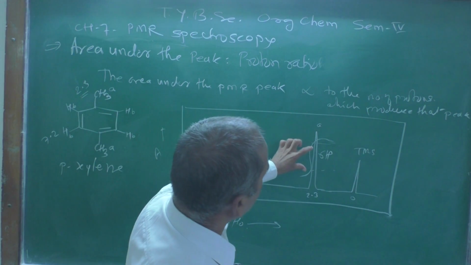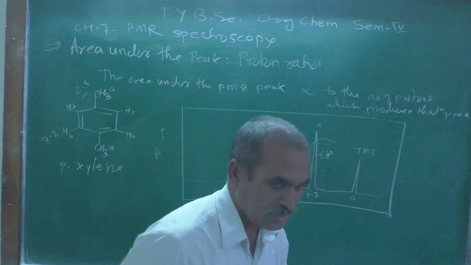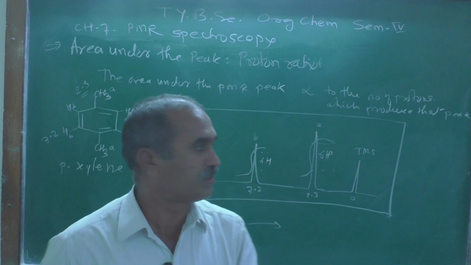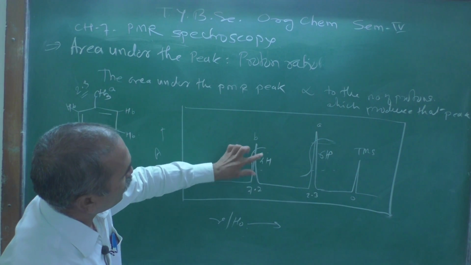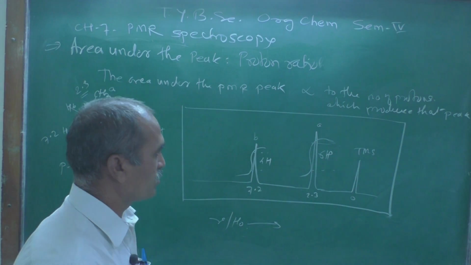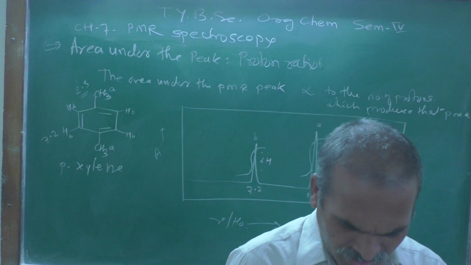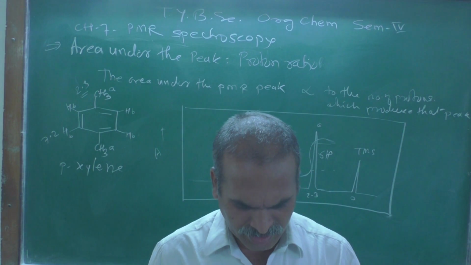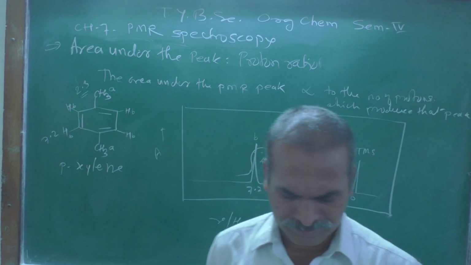So this integration is of the area under the 6 protons, and here the 4 protons also have an integration. In this way the spectrum consists of 2 peaks, A and B.